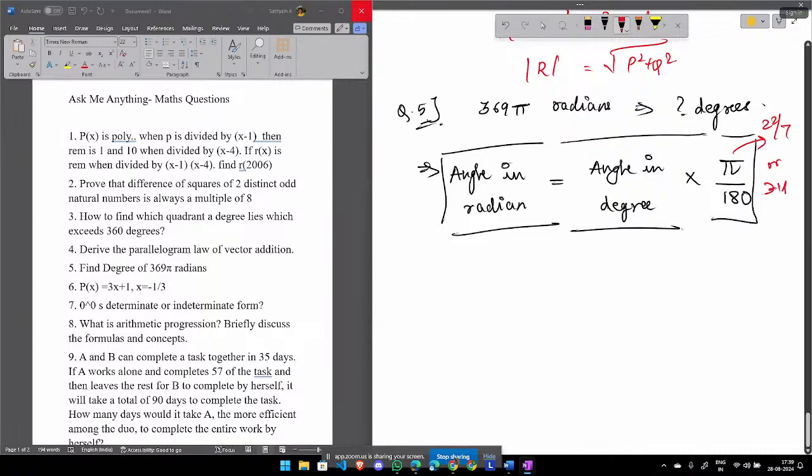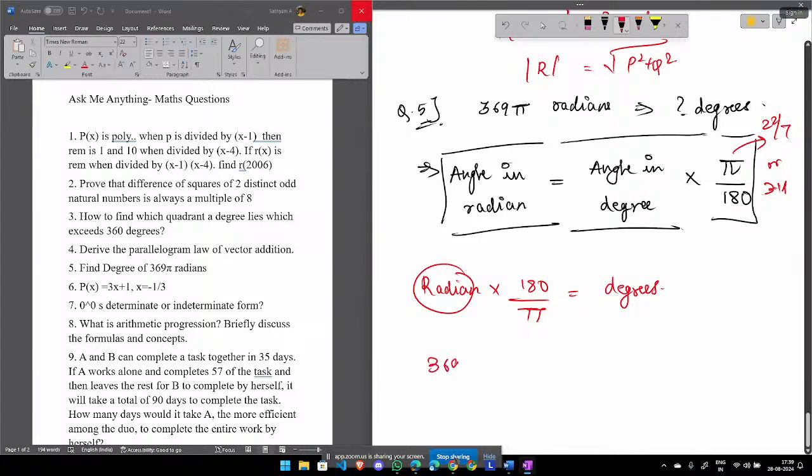Now what is the question? We have been asked to convert radians to degrees. So for converting radians to degrees, my pi by 180 would come to the other side. So radian into 180 by pi is equal to degrees. What is the radian value that has been given?